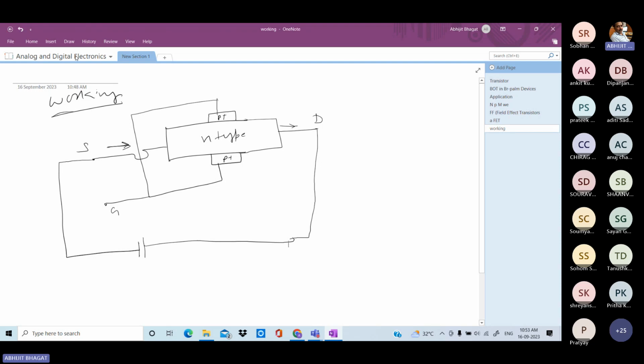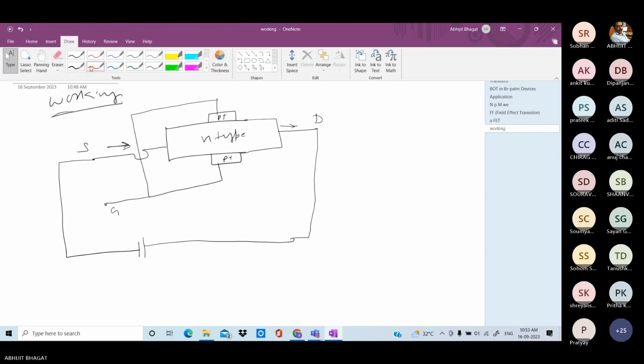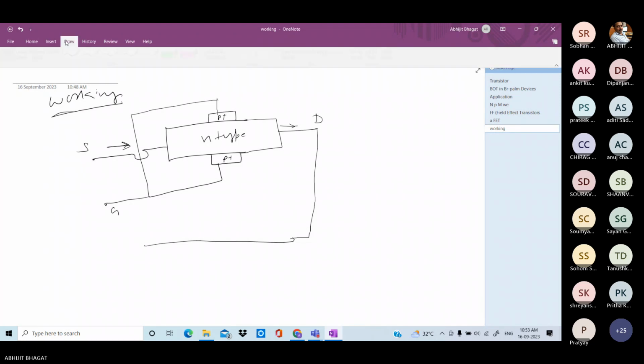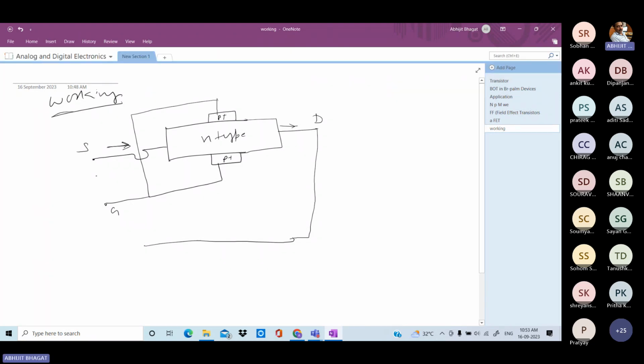For changing the biasing, the source is connected with the positive terminal of the battery, and the drain is connected with the negative terminal.